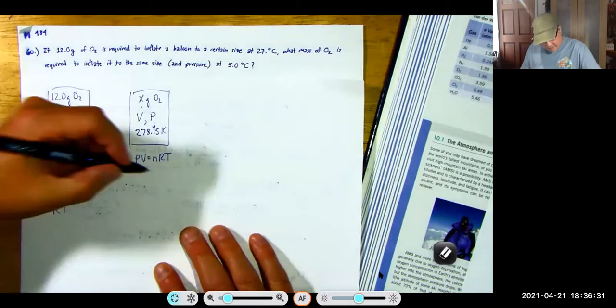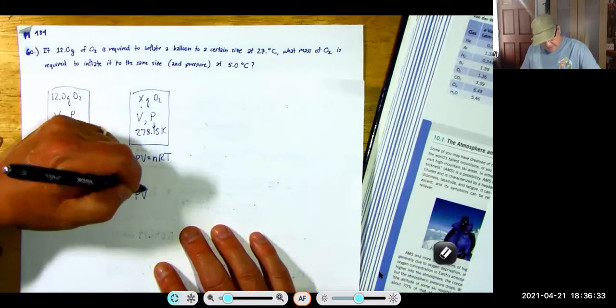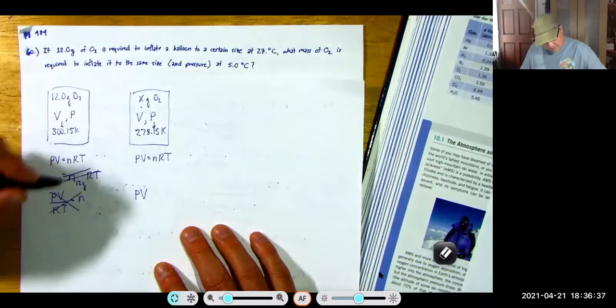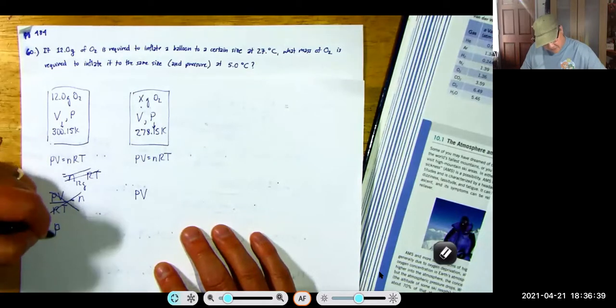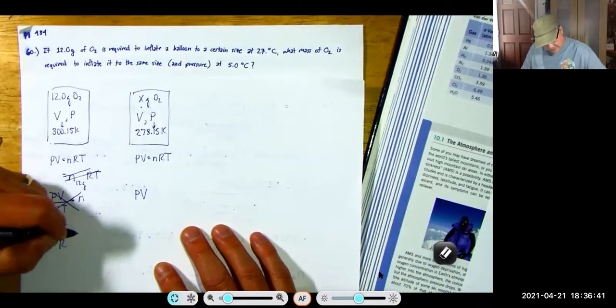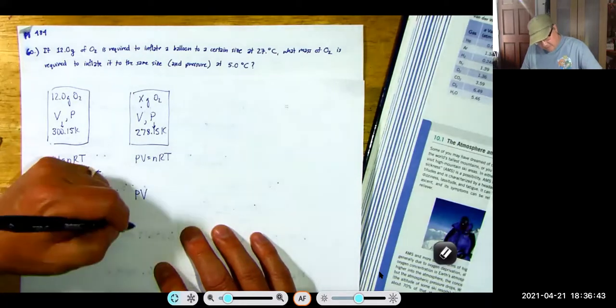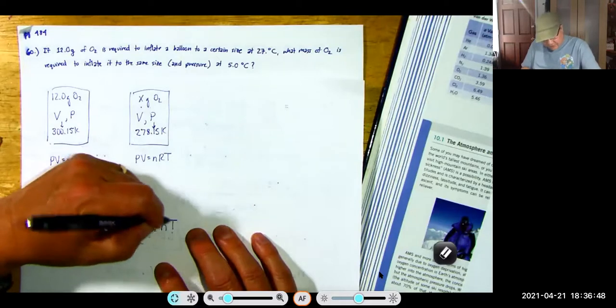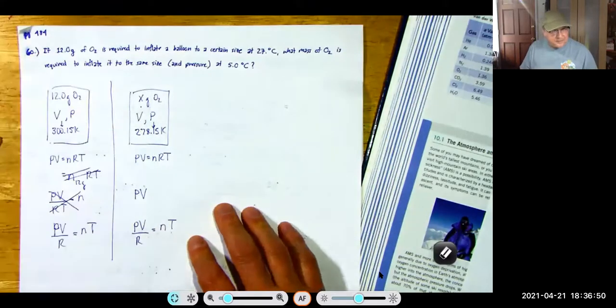And I'm going to do one more thing: PV over R is equal to nT. And here, PV over R is equal to nT. So these are for these two different containers.